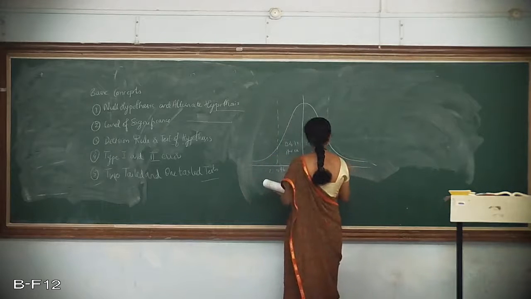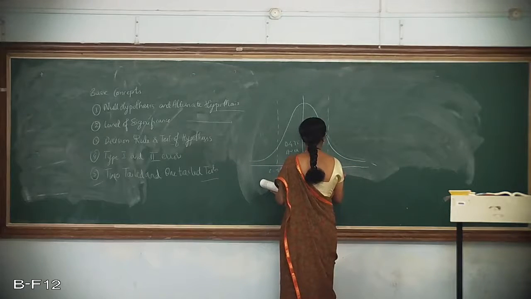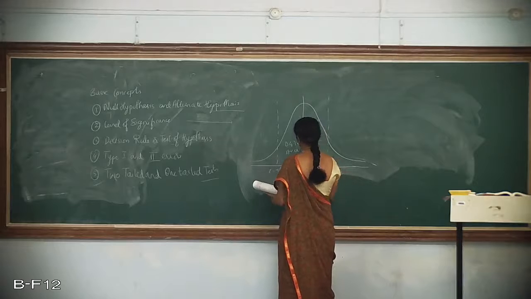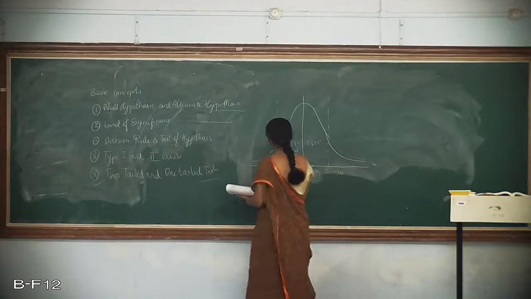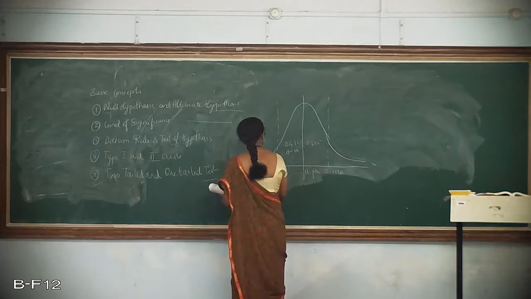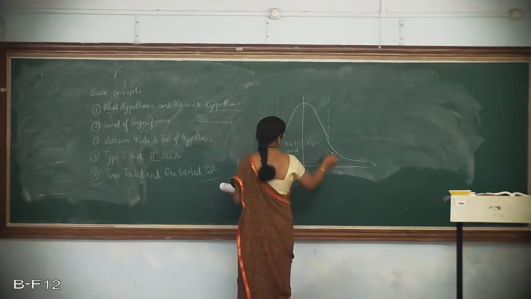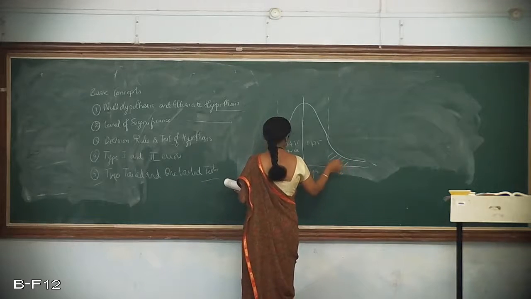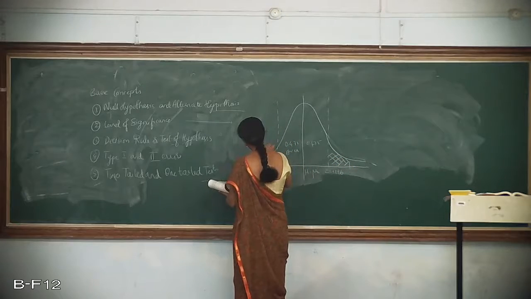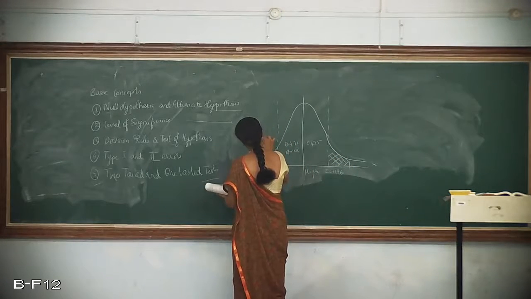In the normal probability distribution, here the z value is plus 1.96 and here it is minus 1.96, and each shaded area is 0.025.